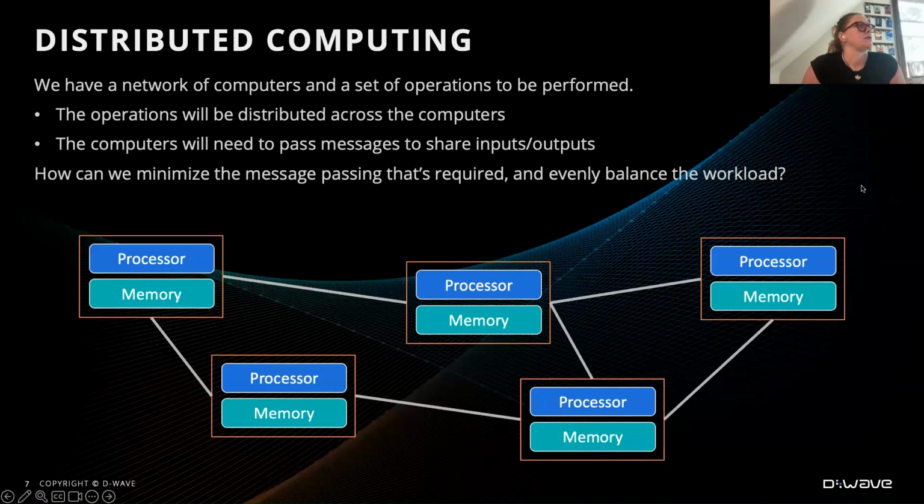this. So again, we're thinking about having a network of computers and a set of operations. So each computer is going to operate on one task at a time. And then if this task has a dependency on this task, then we'll have to compute this task and send information along the edge. So we're going to model this whole situation as a graph.